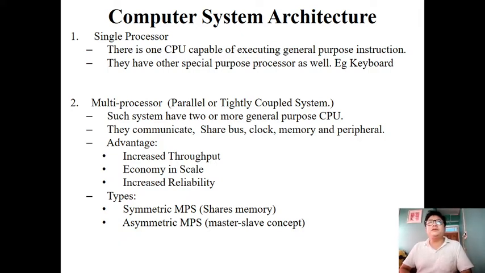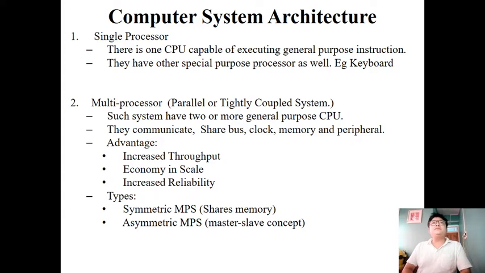This kind of system has two or more general purpose CPUs. A CPU is basically hardware. This kind of system shares various computer resources like the computer bus, memory, and various peripheral devices like mouse, keyboard, etc.